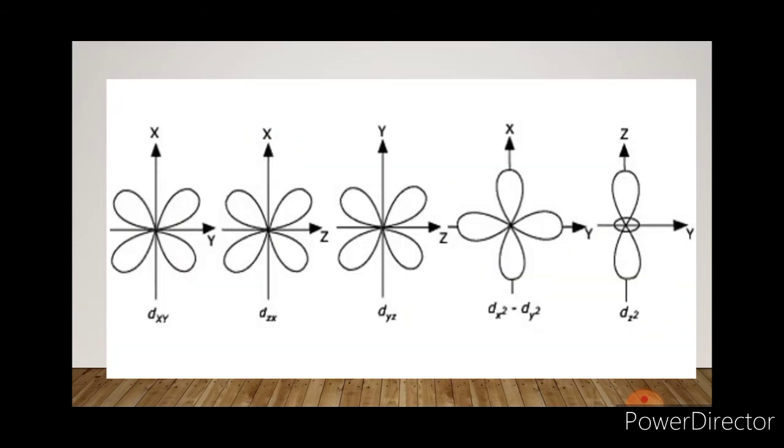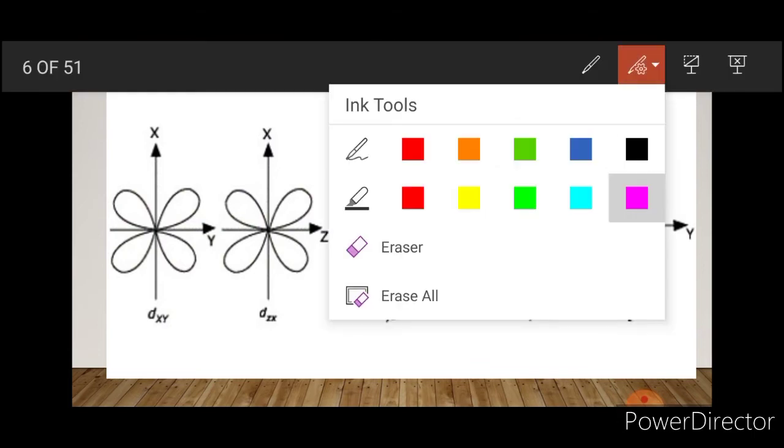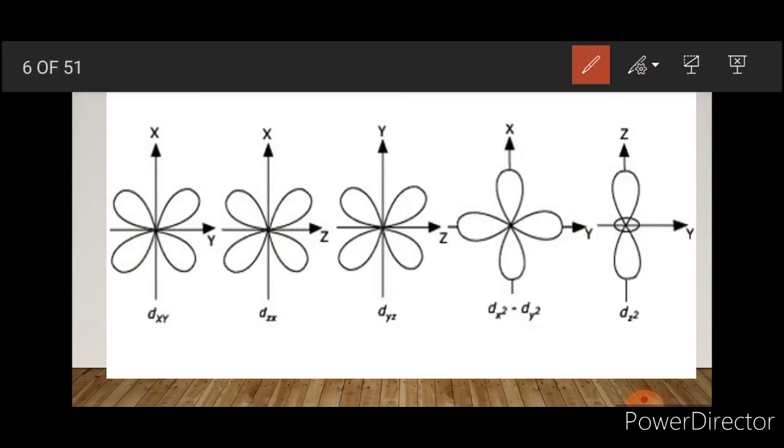Now let's see the shape of d orbitals. dxy, axes are clear. See, xy. So one lobe will be between x, y.